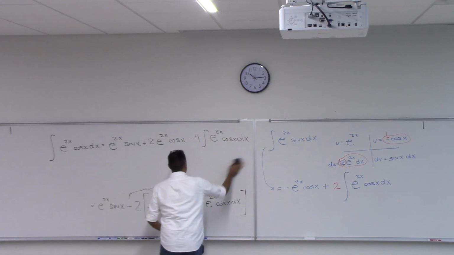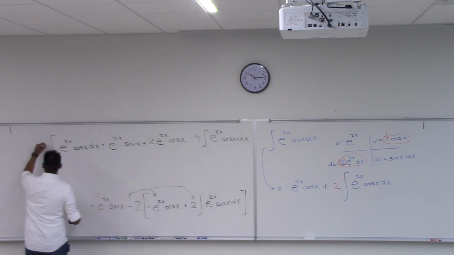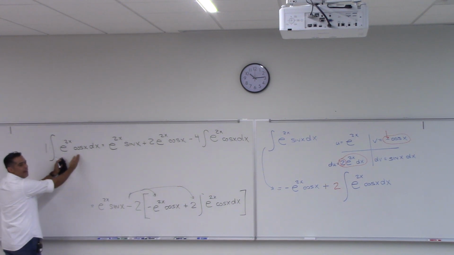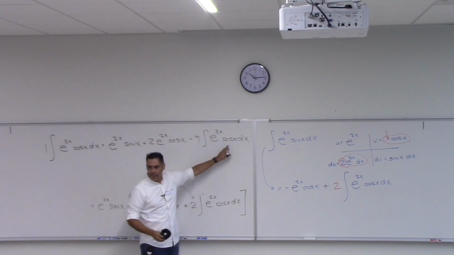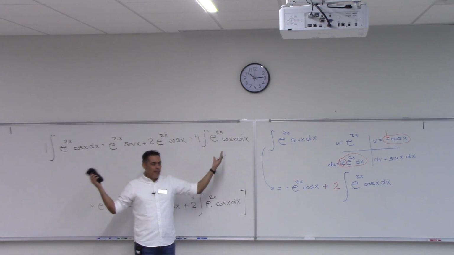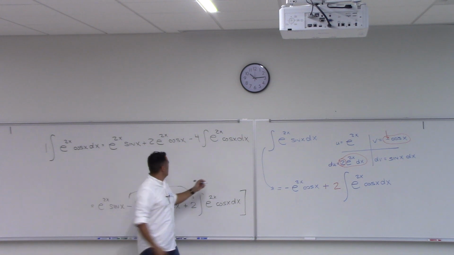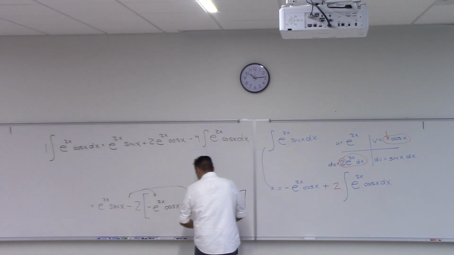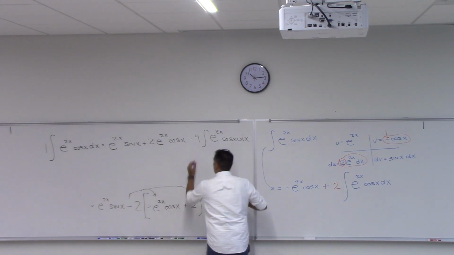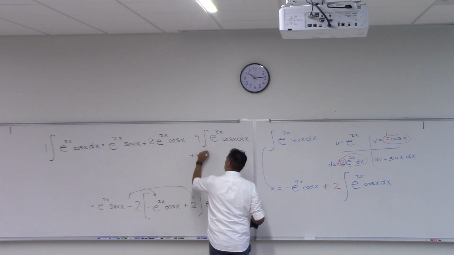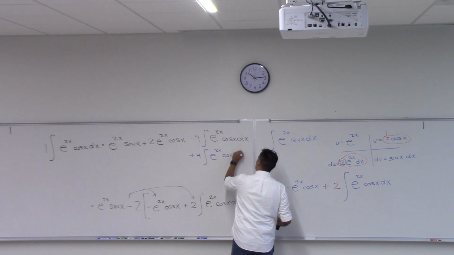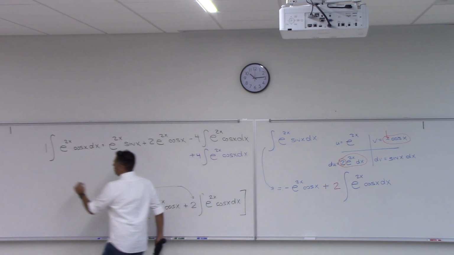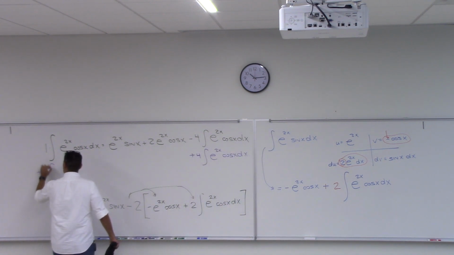Another way to look at it is, okay, I've got one of these apples is equal to blah, blah, blah, minus 4 of those apples. So I'm going to add 4 apples to both sides. So I add 4 of these integrals. I have no idea what these integrals are, but I just know that I can do this algebraically, right? I add 4 of those integrals over here.